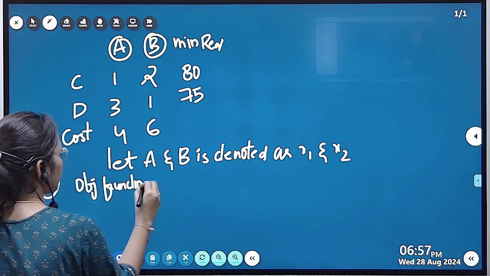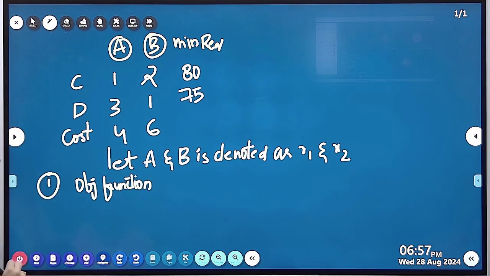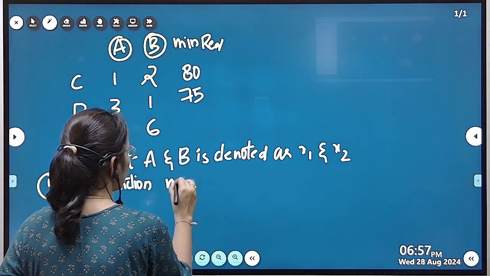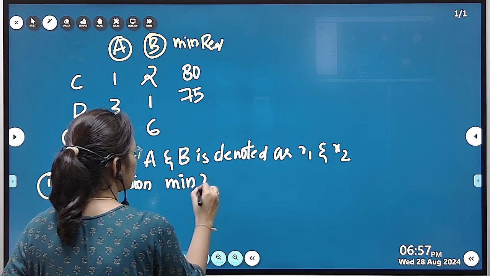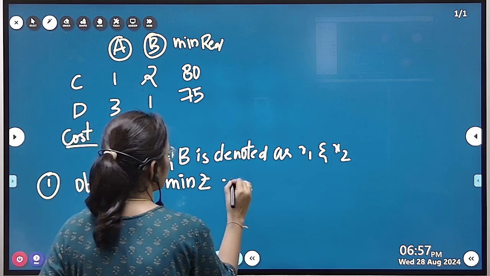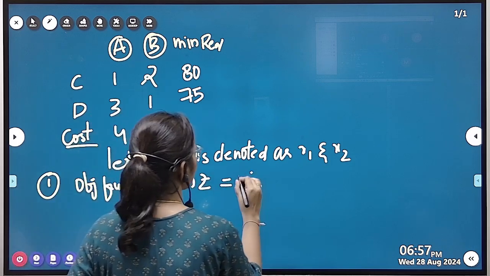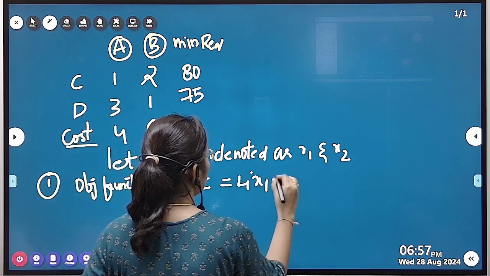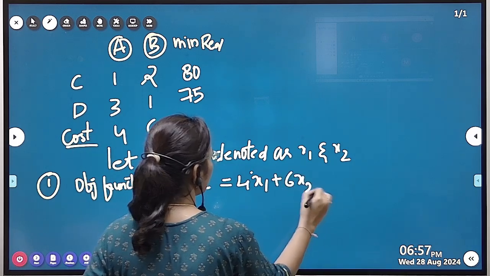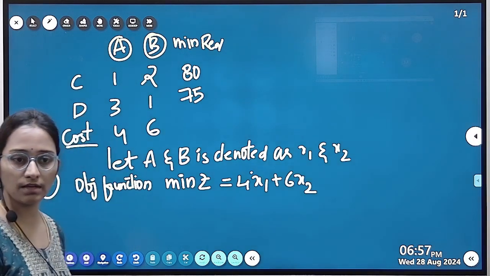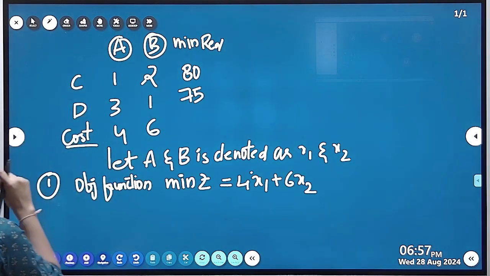In the objective function, what is our objective? To minimize the cost. So minimization Z, denoted as Z, is equal to 4x1 plus 6x2. Okay, this is the first step.